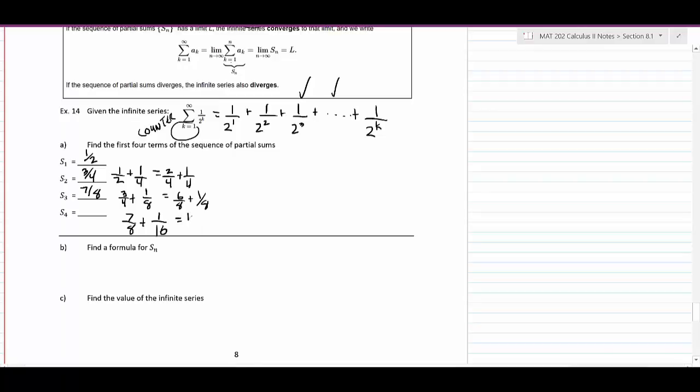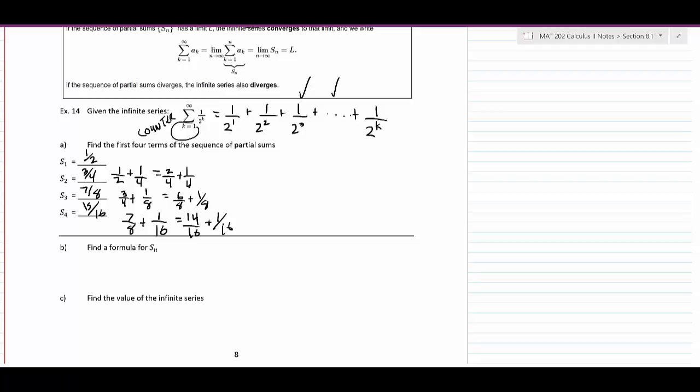So that would be 14 over 16 plus 1 over 16, so it's 15 over 16. All right, that's your partial sums. Does everybody understand what I'm doing there? It's arithmetic. Now, if you just look at that sequence, does it look like it's diverging or converging? It looks like it's converging to what?